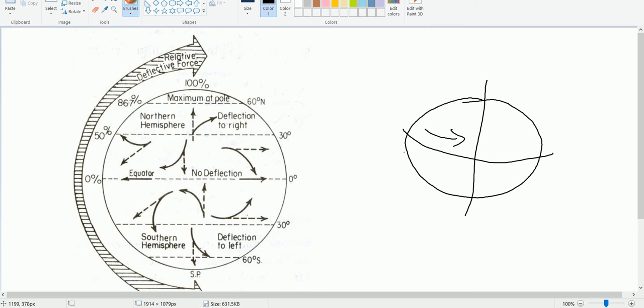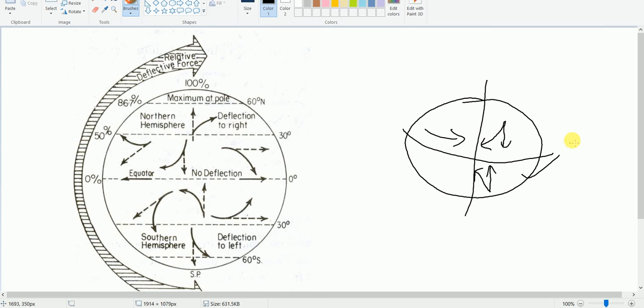Because of this rotation, any moving object relative to the Earth's surface will be deflected to the right. For example, this object is moving to the south, it will be turned to the right. Likewise, any moving object to the north will be turned to the left due to the rotation of the Earth on its own axis, and this is what we call Coriolis force.